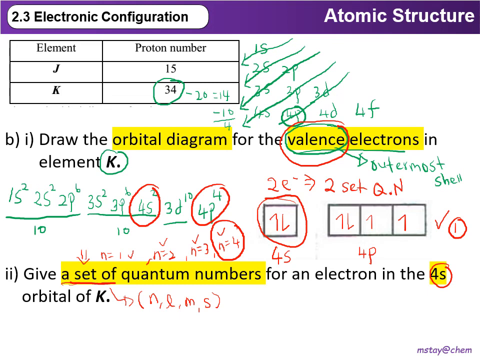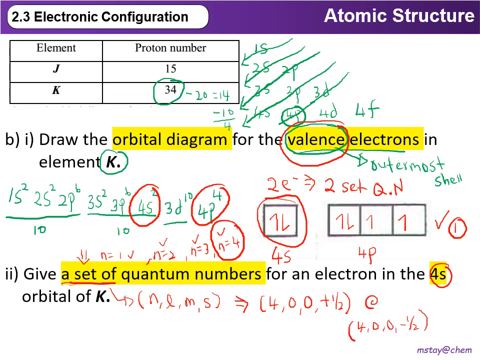Very quickly, looking at 4s, we know n equal to 4, l equal to 0. If l equal to 0, m has no other value, it will be 0. And then as we have 2 choices, we either put positive half, which is accepted, or we can give the other one, which is 4, 0, 0, negative half.